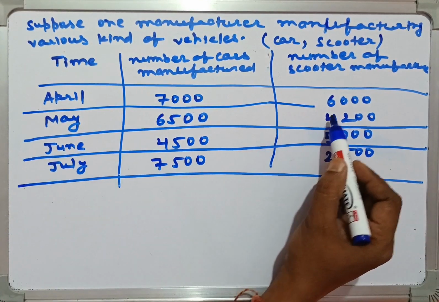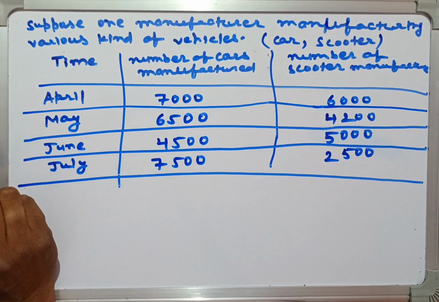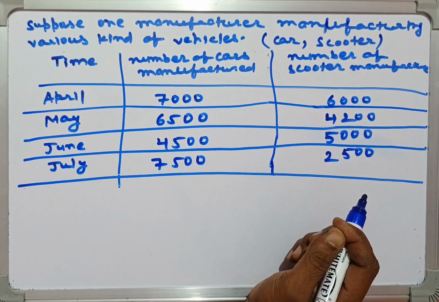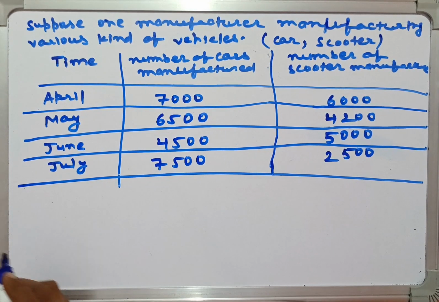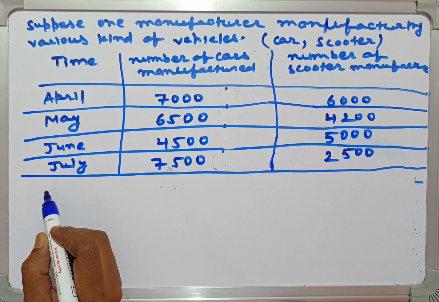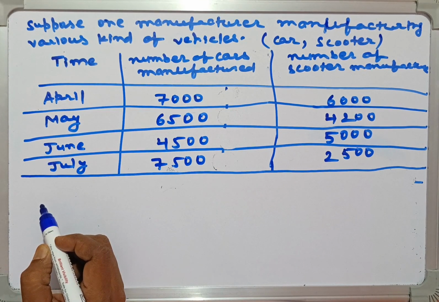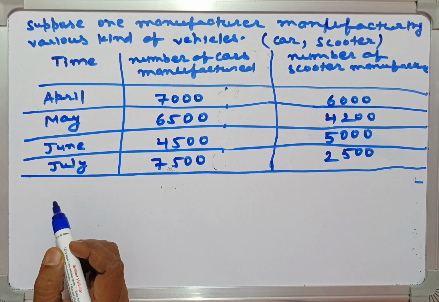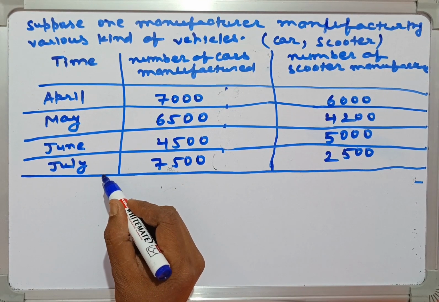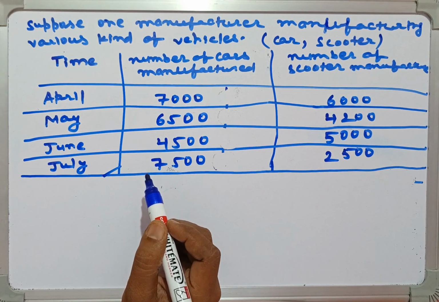Okay guys, now we will draw these data on line graph. So guys, how could you represent it? Okay guys, now we have the following data or information about manufacturing details of vehicles. Now we want to represent this data on line graph. Then how could you represent?